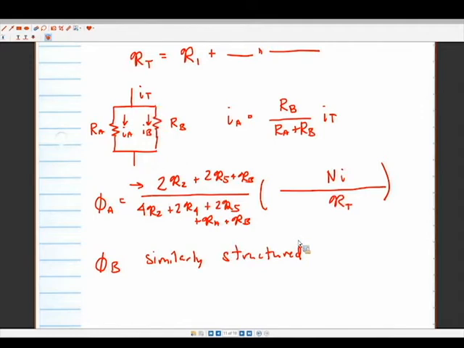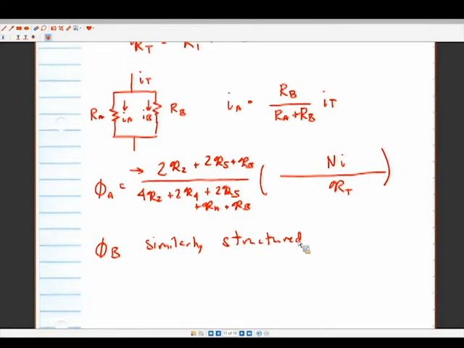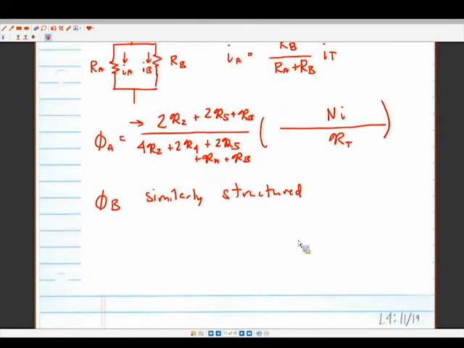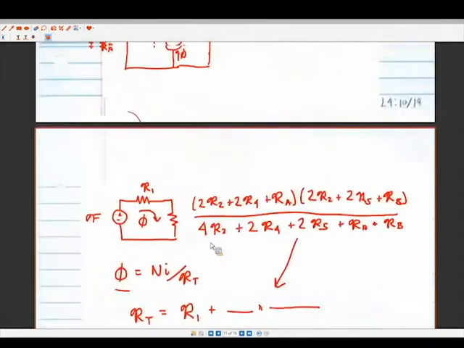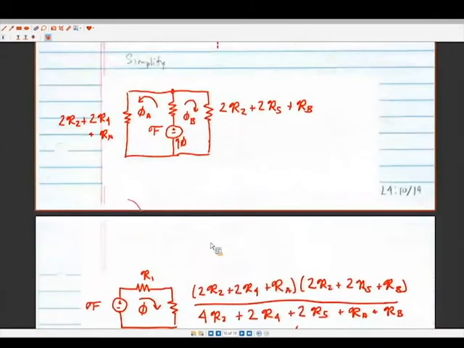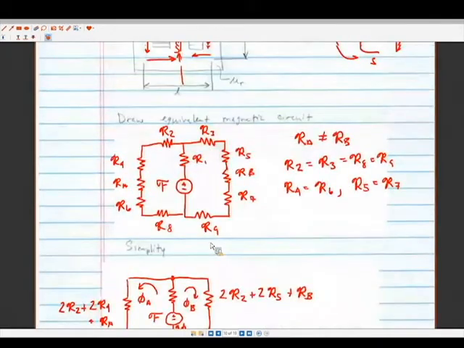Okay, and then in the last minute or two, we'll just fill out what all your different reluctance values are. So R1, L over mu r, mu naught, and I think I have an error in my notes. No, that's correct.